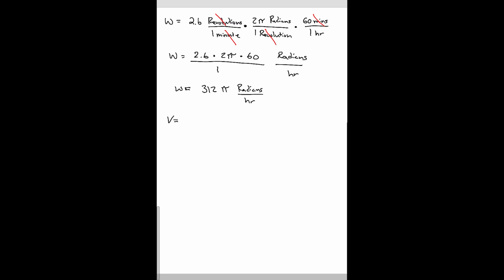Going back to that formula, velocity is equal to the radius times the angular speed. But since we're trying to find the difference, let me erase that. So that would be velocity equals the difference in your radius times your angular speed.